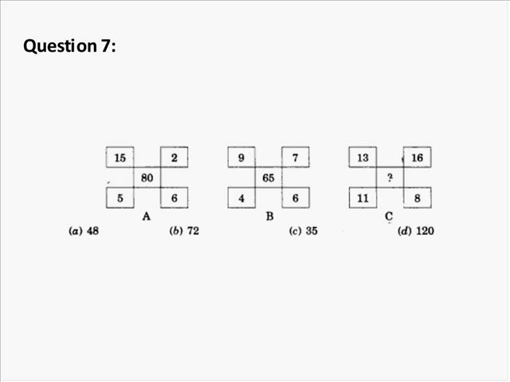You're the first one to answer it. Niti, you have also done it correct. No, others are getting it wrong. So now analyze it. How are we doing this? 6 plus 2, 8. There's difference, 10. 8 into 10, 80. 7, 6 are 13. 9, 4, 5, 65. 16 plus 8, 24. 24 into 2, 48. The answer is A.